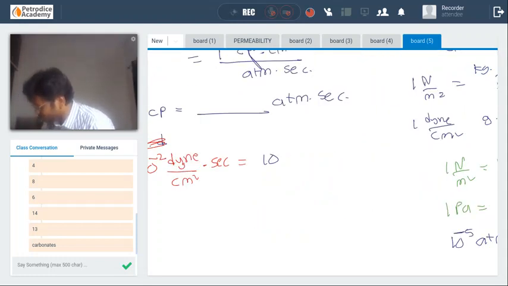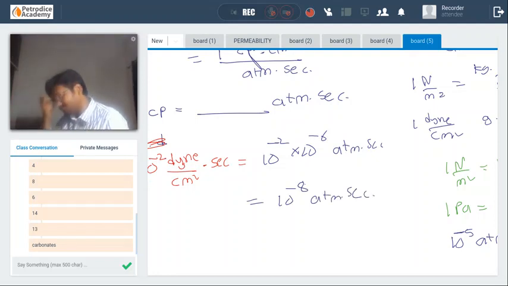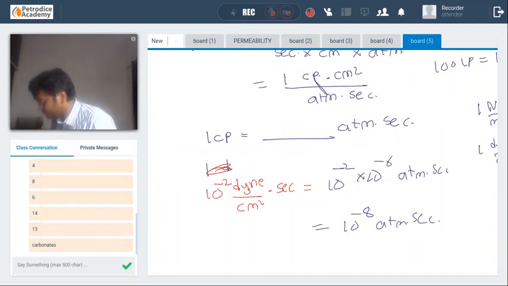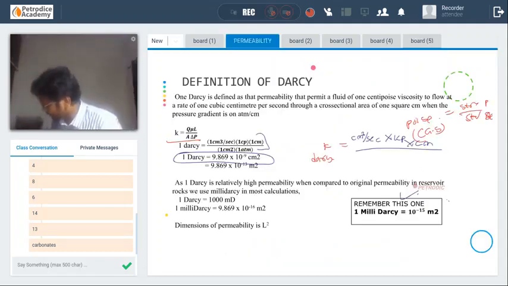So this will be 10 to the power minus 2 into 10 to the power minus 6 atmosphere second, which is 10 to the power minus 8 atmosphere second. The final answer is 1 Darcy is equal to 10 to the power minus 8 centimeter square. So 1 Darcy is almost 10 to the power minus 8 centimeter square.